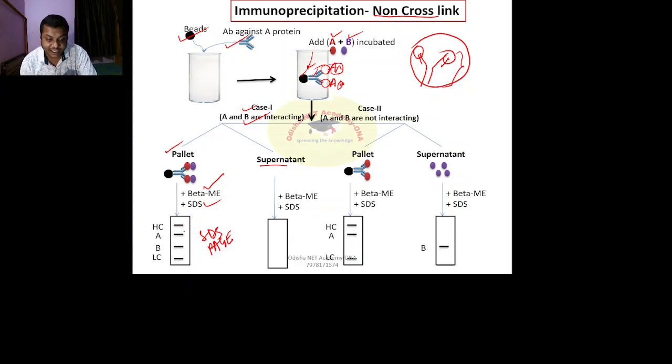If you get an A band as well as a B band in the gel, definitely A and B are interacting. Along with that you can get two other bands, because due to the action of SDS and beta mercaptoethanol, which digests the disulfide linkage between heavy chain and light chain, they become separate.